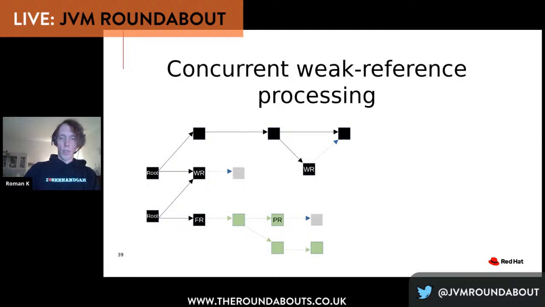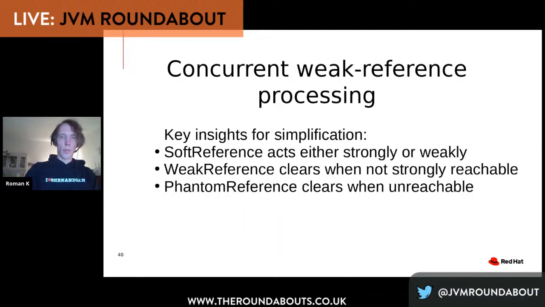So let's see. From there, we can make a couple of simplifications to the whole concept of reachability of soft, weak, and phantom references. Soft references act like a strong reference, for example, if the memory pressure threshold is not yet reached.